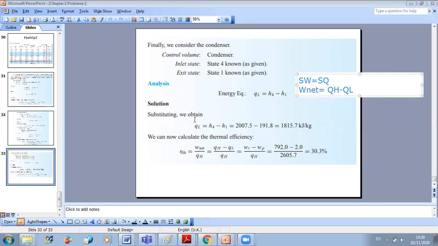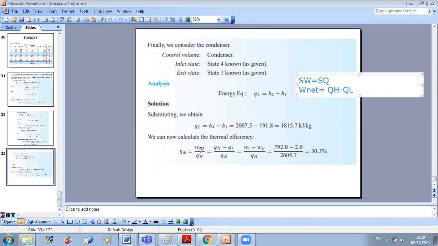So to find the heat loss at the condenser level, as I told you before, when we put QL, it's lost, so we put a positive value. So Q lost is H at point 4 minus H at point 1, and it is 1,815.7 kilojoule per kilogram. So now you can calculate your efficiency in two methods, and of course you should get the same result to make sure that you don't have calculation errors.